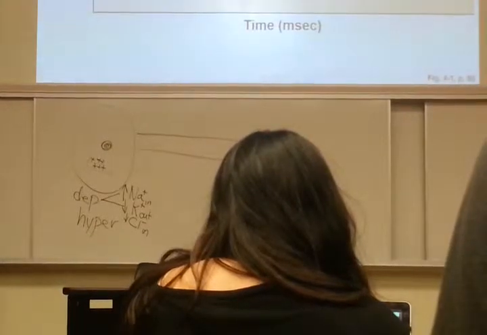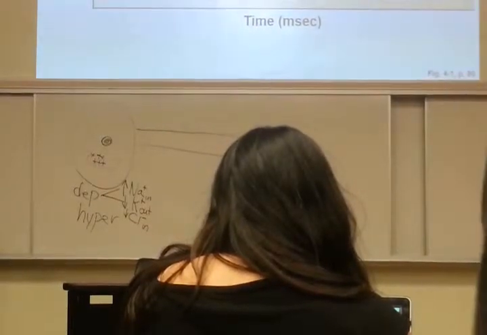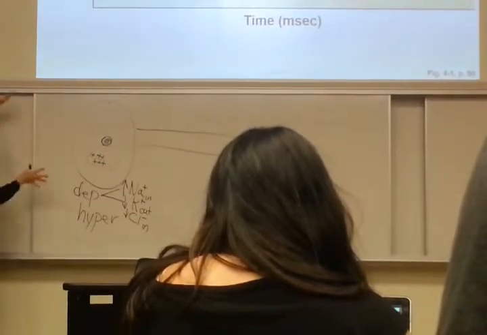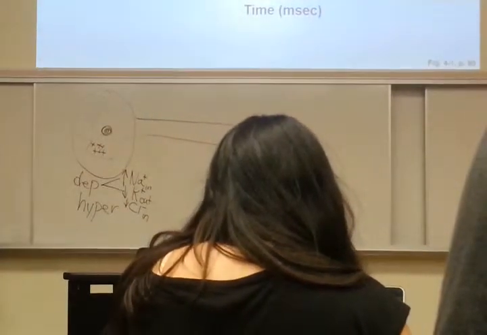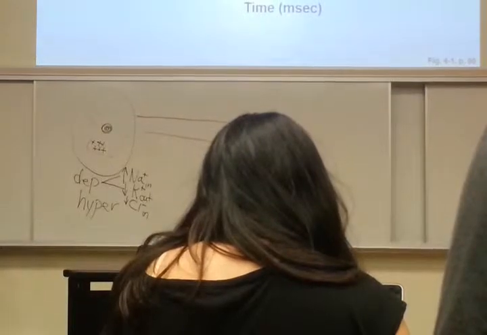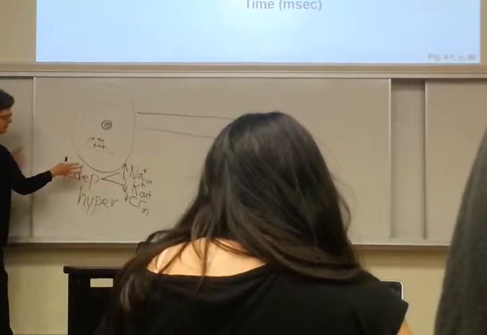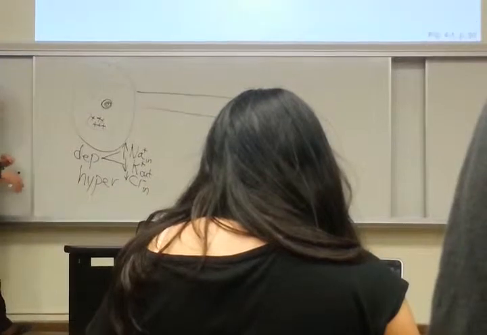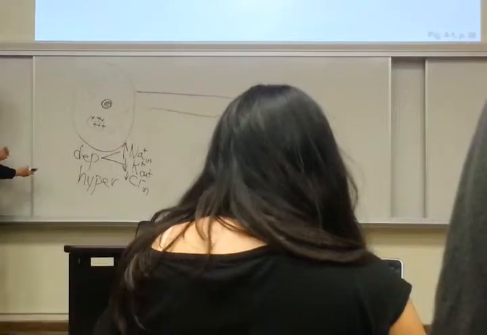If you look at the cell body of a neuron in Martini, so flip back to the neuron chapter, you're going to see that there's probably 1,000 other neurons impinging on this neuron. Some of them are going to be excitatory, some of them inhibitory. How you stimulate these upstream neurons determines whether you get a lot of depolarizing potentials or a lot of hyperpolarizing potentials or equal numbers and total cancellation.